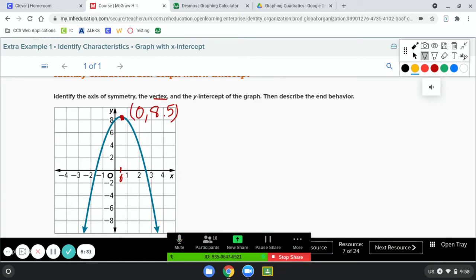Then my axis of symmetry goes through that point, and it's the x value of the vertex. So the axis of symmetry is going to be x equals 0.5.